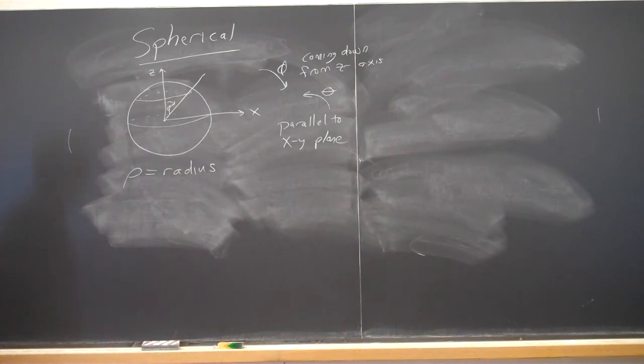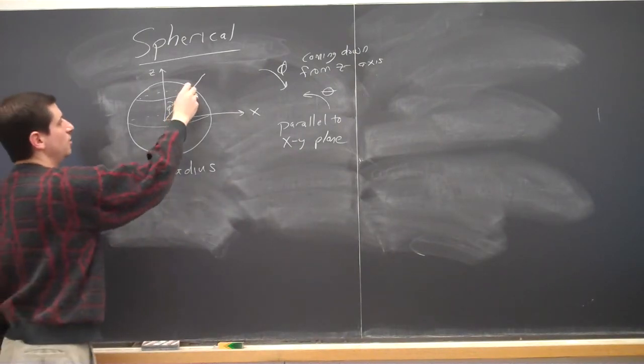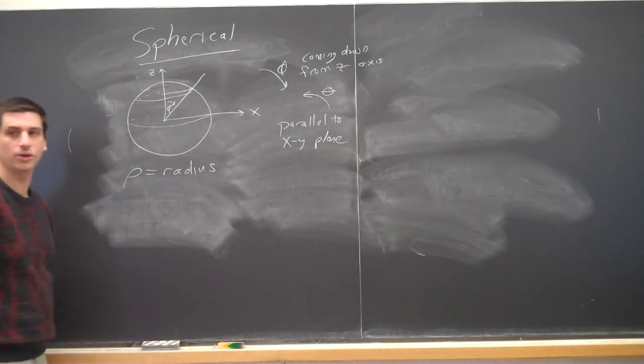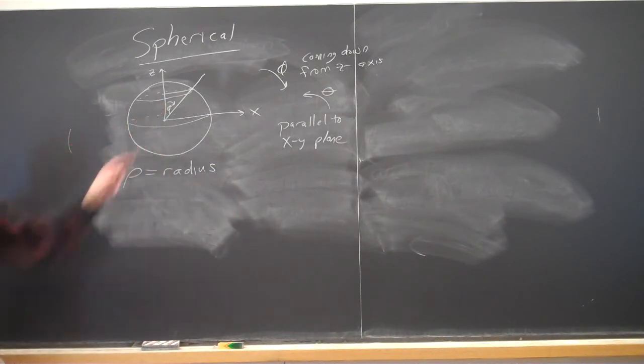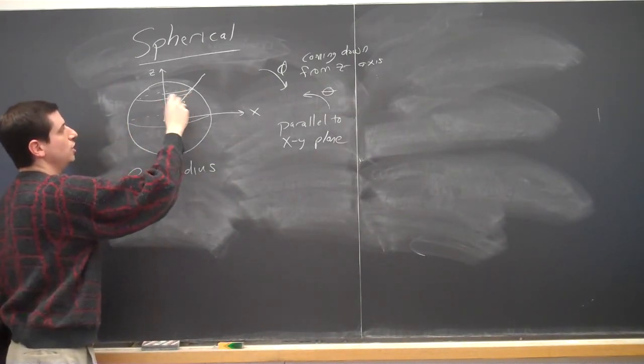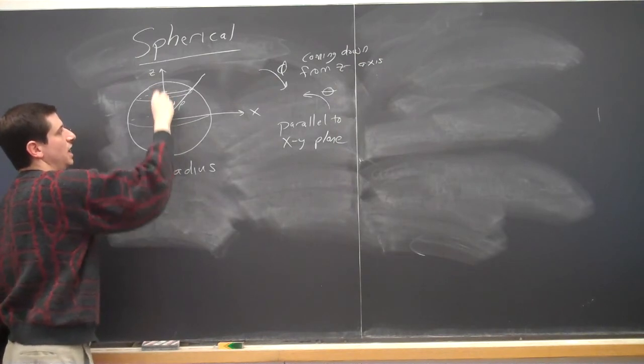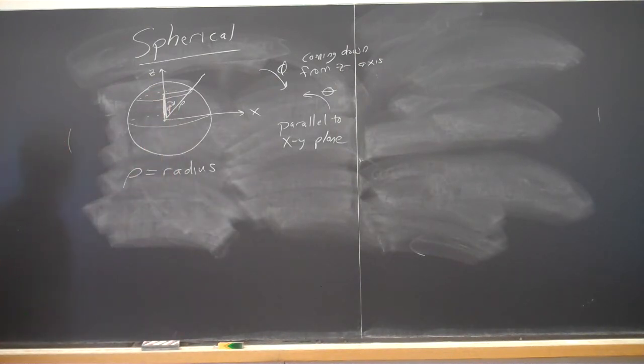Okay? So the first thing is we have to figure out what is our z component. Well, if this is an angle phi and the radius is rho, how much is the z component going to be? So we've got a triangle. What's the z component going to be?